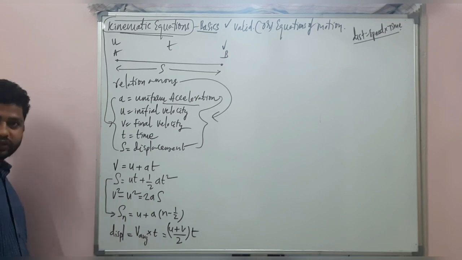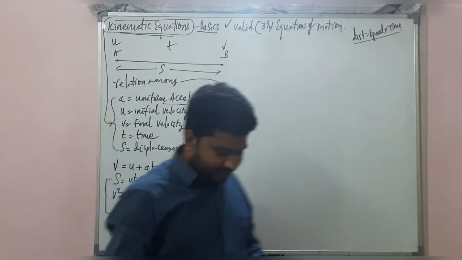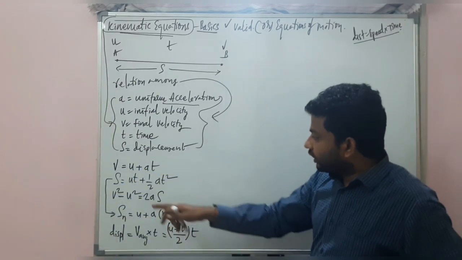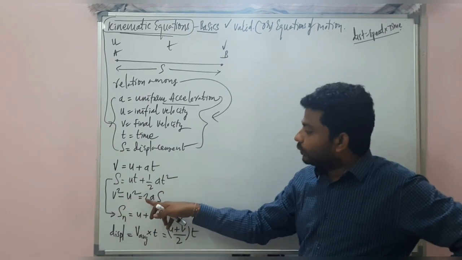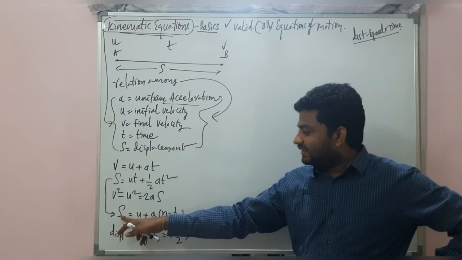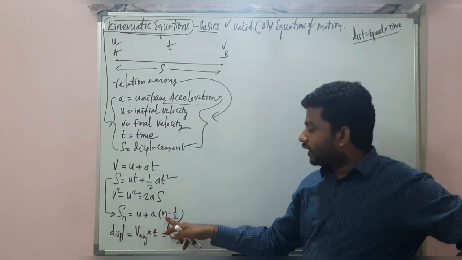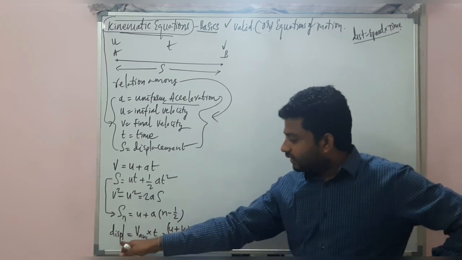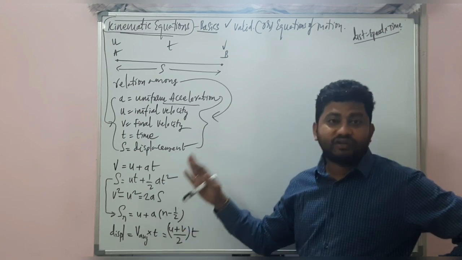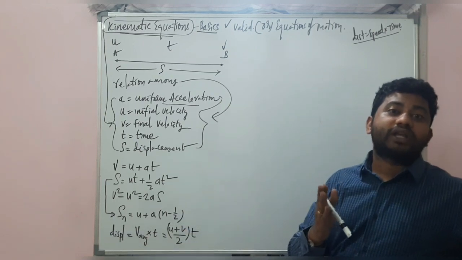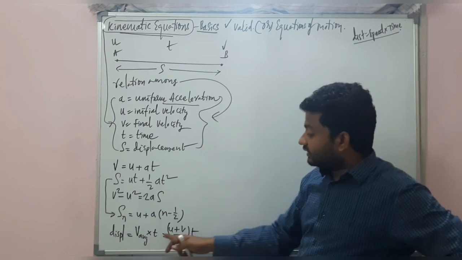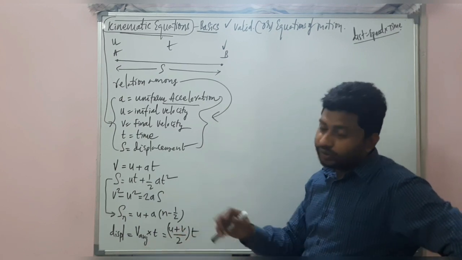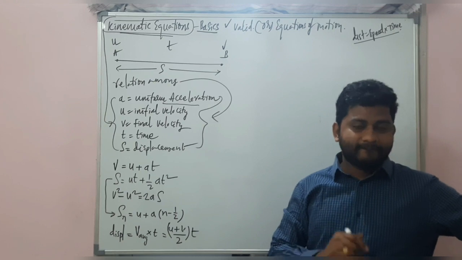Remember these 5 equations: v is equal to u plus at, s is equal to ut plus half at square, v square minus u square is equal to 2as, Sn is equal to u plus a into n minus half, and displacement is equal to average velocity into time. As the body is moving with uniform acceleration, the average velocity is v plus u by 2, into t. Alright, clear?